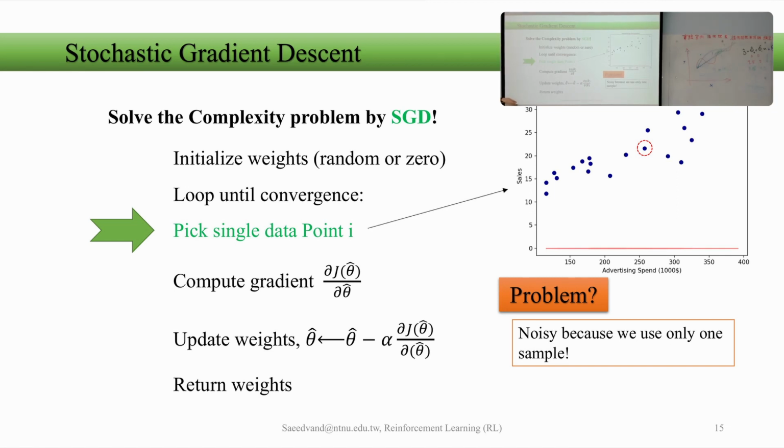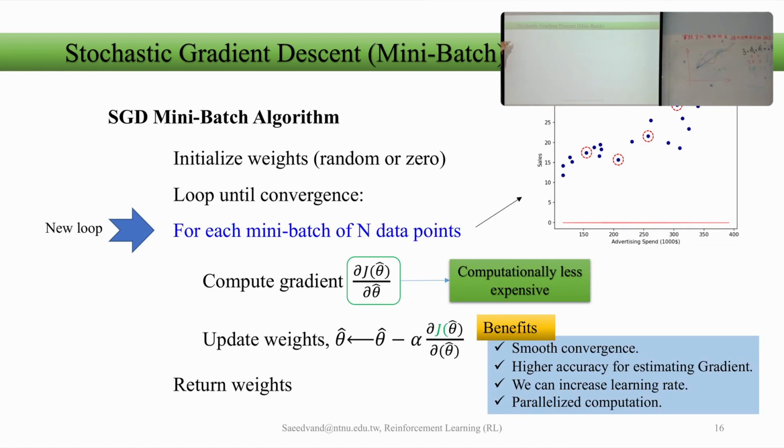Because of that noise, we have another upgrade that we call stochastic gradient descent with mini batch. Mini batch says do exactly the same thing as gradient descent, but instead of choosing only one point, choose n data points each time.